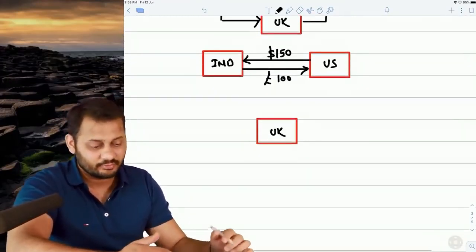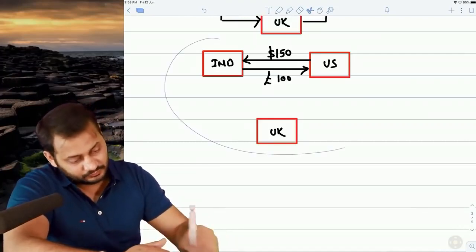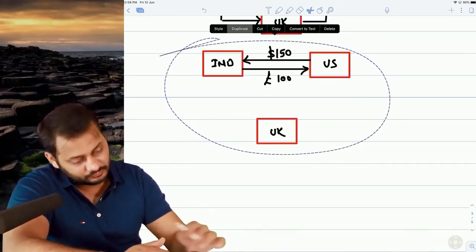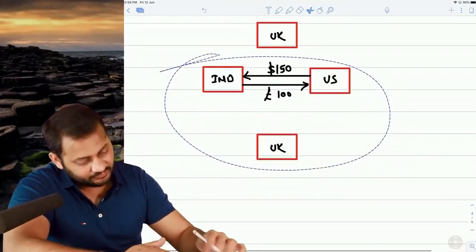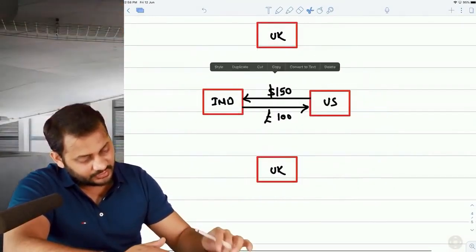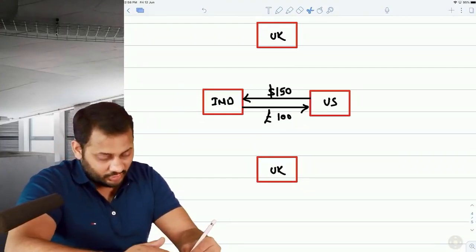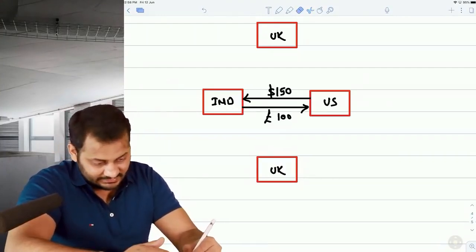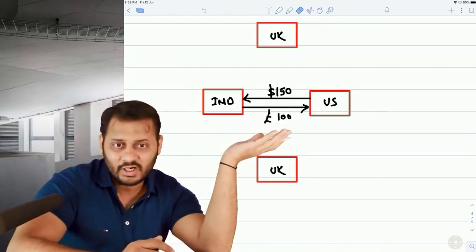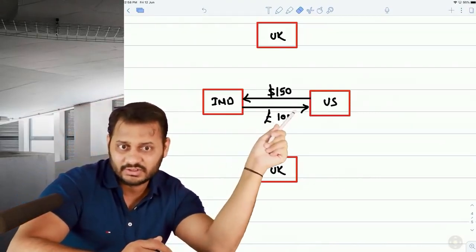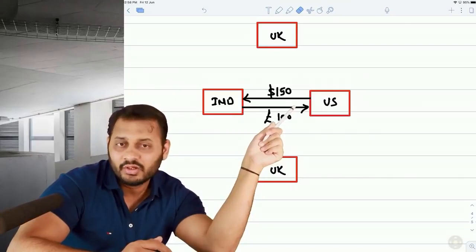Again, we can do one more thing. Instead of these two transactions happening here, we can reduce the transaction to one. What we can do is convert these 100 pounds payable to US, because anyhow after receiving the pounds, US would have converted it to dollars.